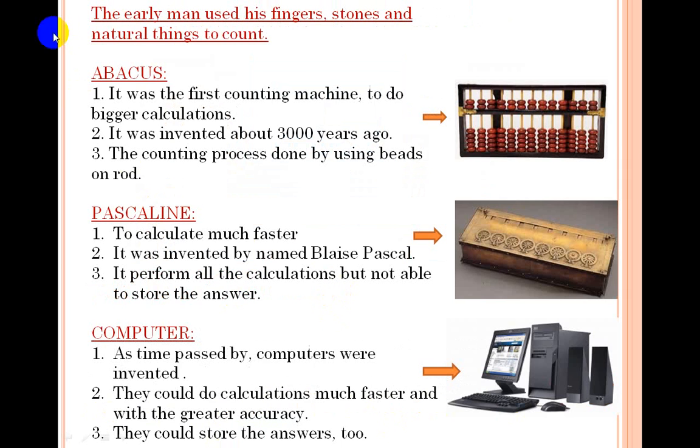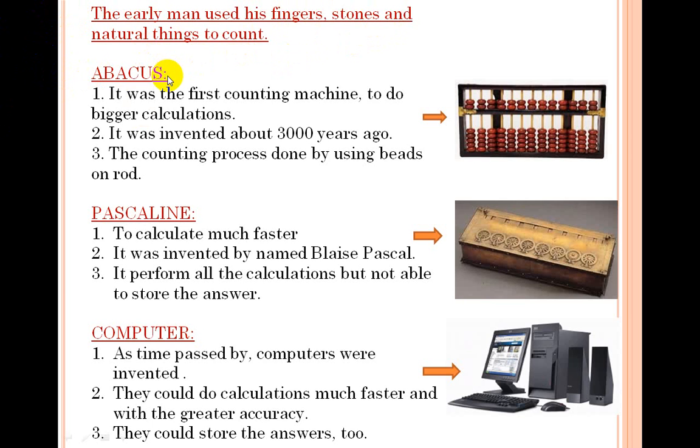Now before starting about the computer, how did early man do the calculation part? So early man used his fingers, stones and natural things to count. So the counting part was done by using fingers, stones and natural things.